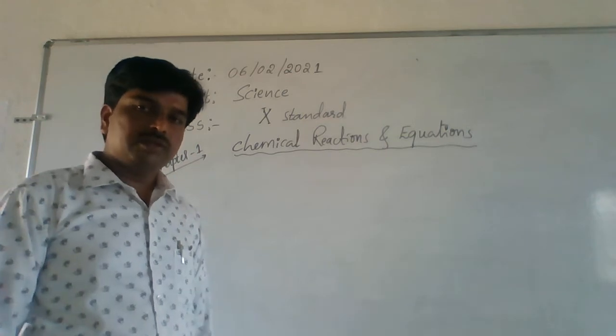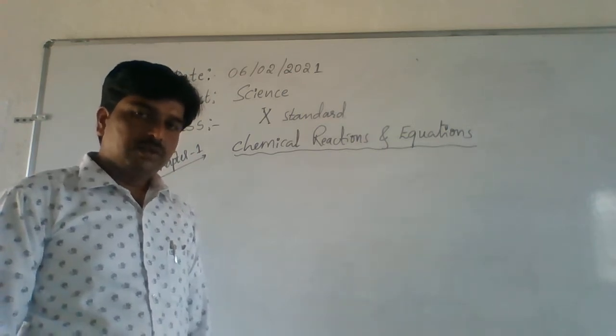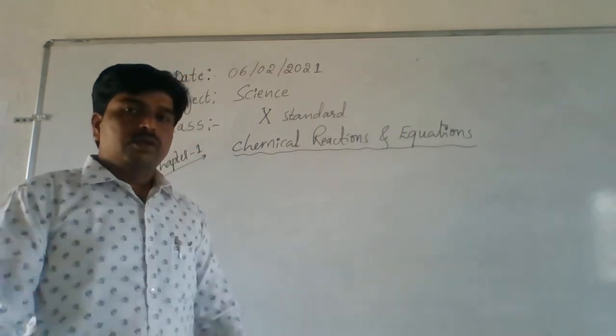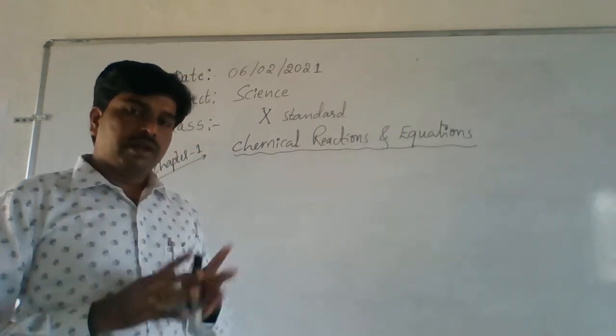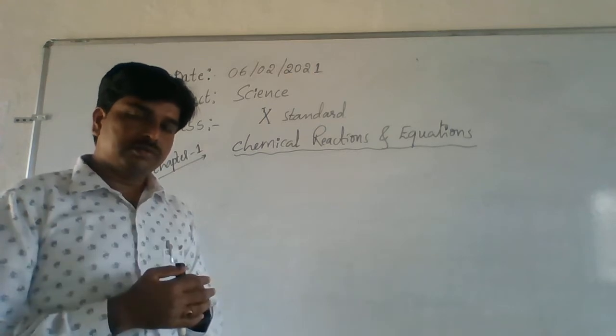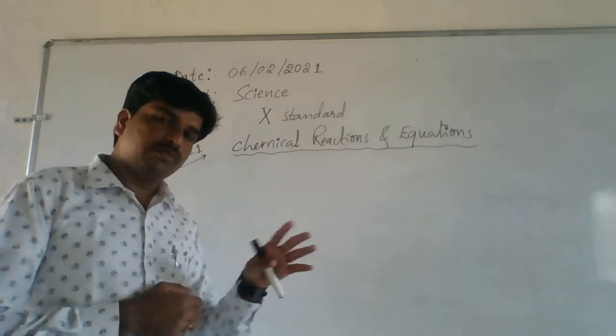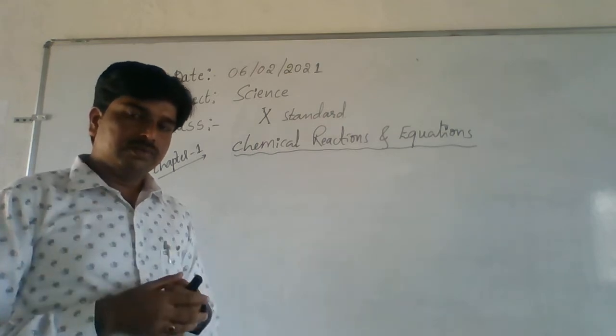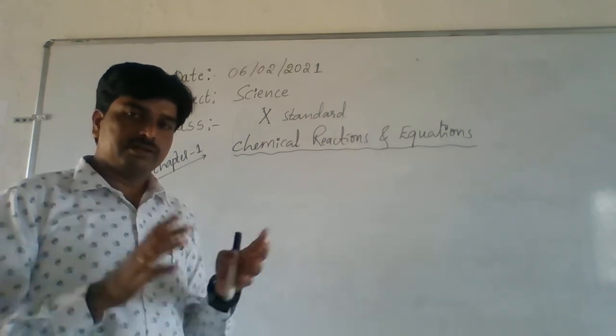How many elements are there? Before going to understand this lesson, chemical reactions and equations, you must have the knowledge of elements and their symbols and the compounds and their formulas. I hope you already practiced that.